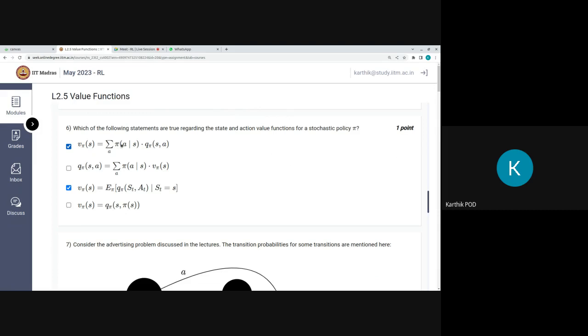What is the probability that you will choose a particular action from a state? If you just compute this expectation, you will end up with the expected return starting from state S, which is what V pi of S is. Any questions in this particular problem?